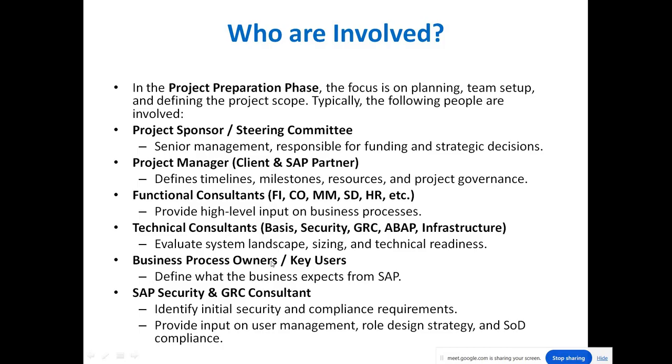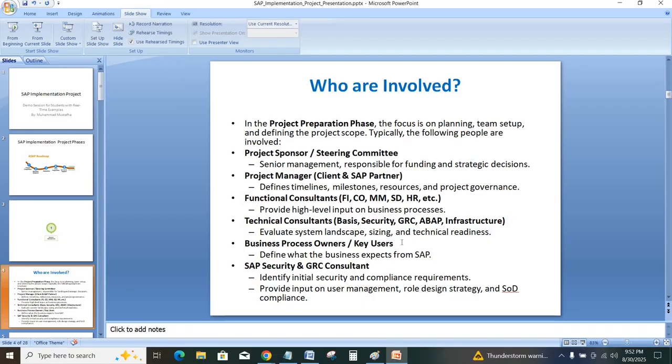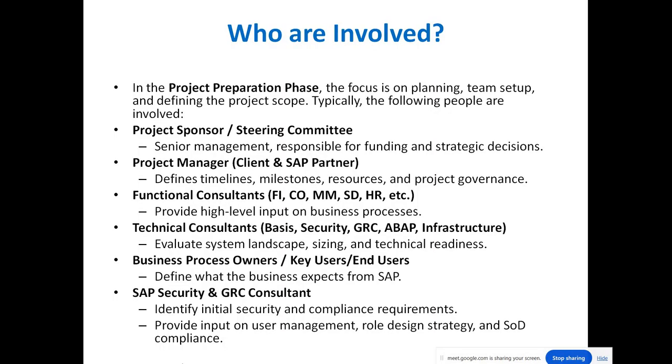Okay, now business process owners. Business process owners are nothing but key users. They are also called, remember this word, end users. Remember this. So business process owners and key users are end users. Who are end users?